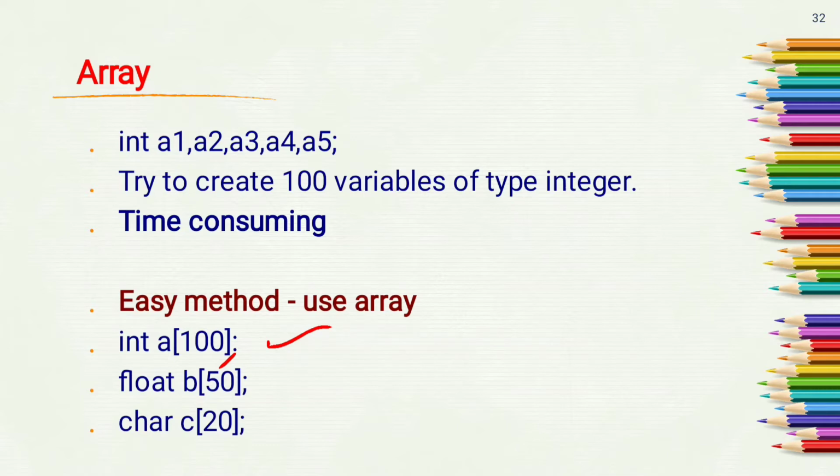If you want to create 50 variables of type float, you write it like this. If you want to create 20 variables of type character, you mention 20 in square brackets to represent the size of the array. So I think you know why we are using array. We can say that array is a shortcut method to create similar type variables.